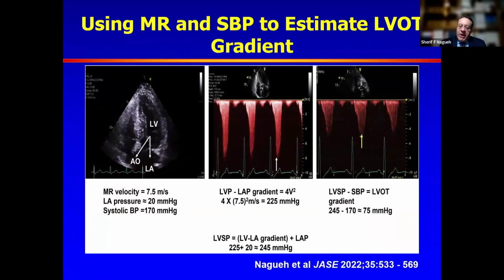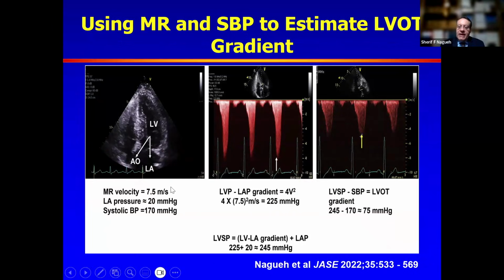Sometimes we deal with patients who have very high gradients, and the question comes, did I record the peak velocity of the gradient correctly, or is there contamination with the MR jet and I am overestimating the severity of obstruction? In this case, we want to go to that peak MR velocity.